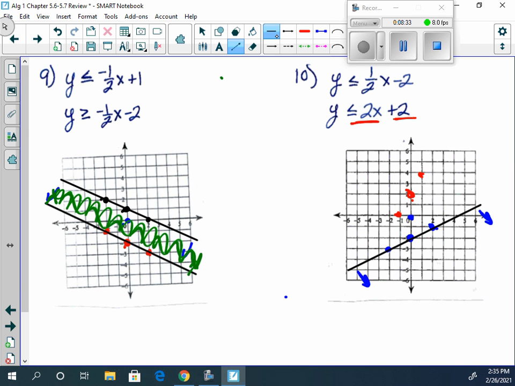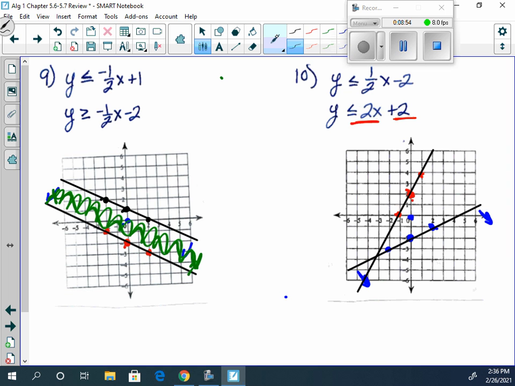And again, this line is going to be solid because it is equal to. Any questions on this here?